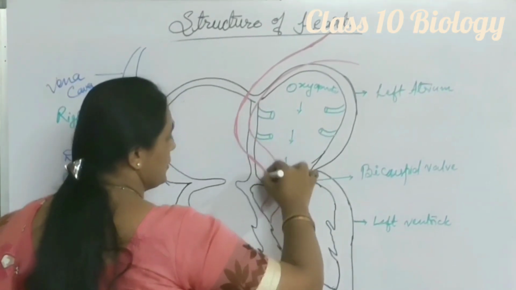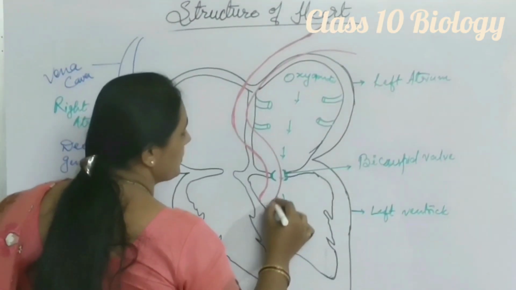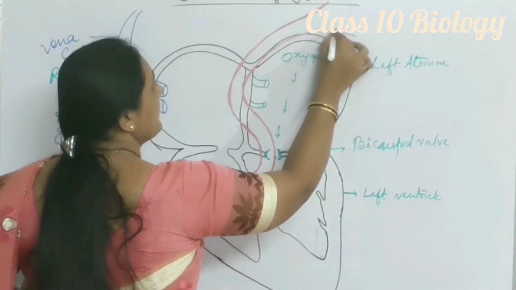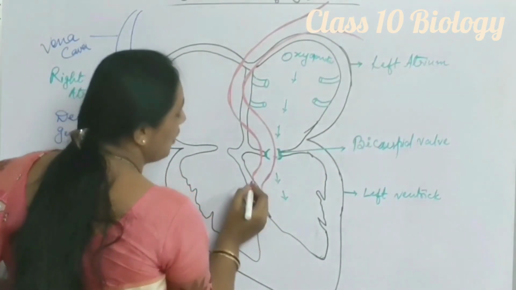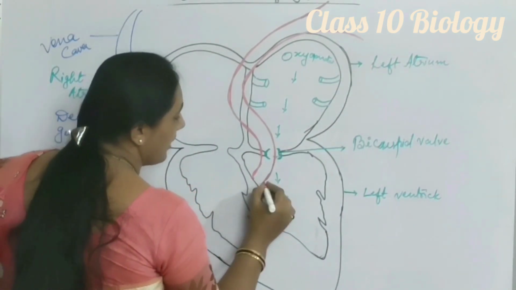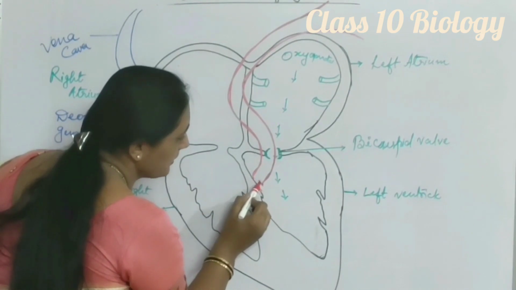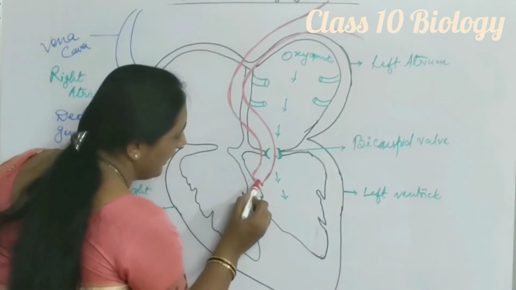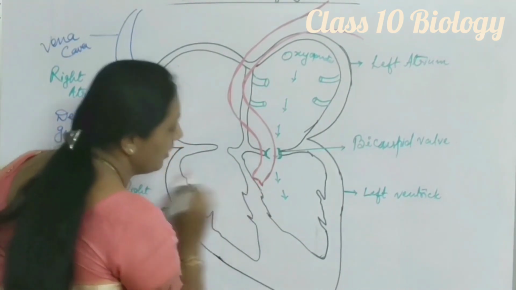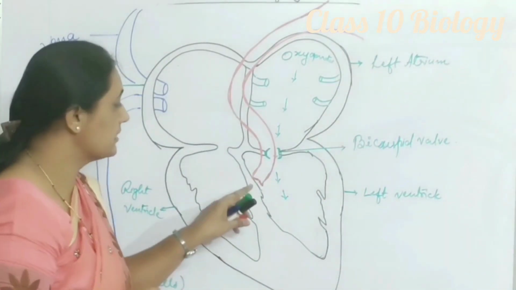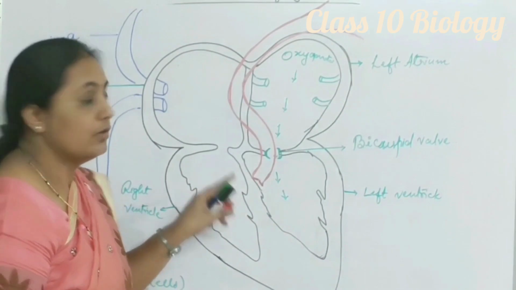This aorta originates from the left ventricle. And in between the opening of the ventricle and the aorta there is also a valve. Here also there is a valve, and this valve is called the semilunar valve.